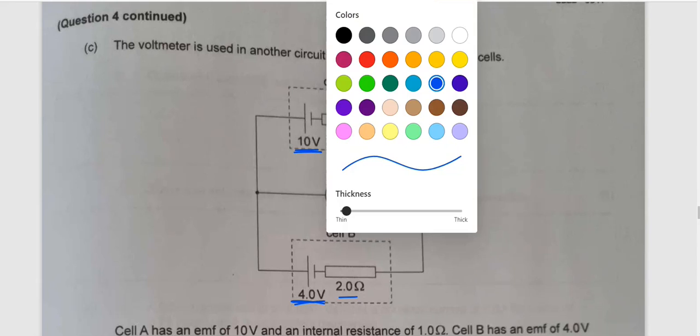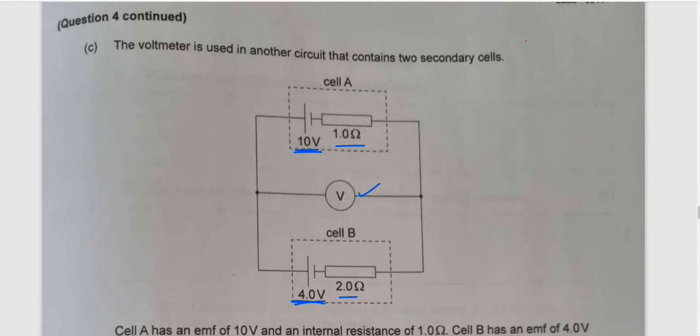Since there is no current being drawn by the voltmeter, we can draw the current that comes out from this cell. It will go all the way, and they will have the same current. This is the direction of current. I will have the same current because the whole circuit is connected in series.